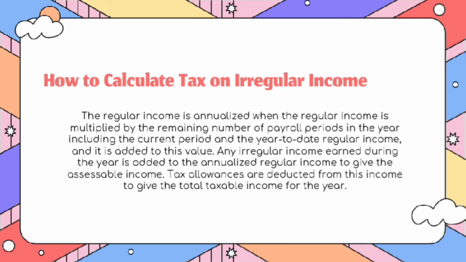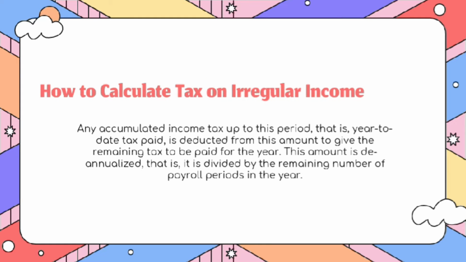Any irregular income earned during the year is added to the annualized regular income to give the assessable income. Tax allowances are deducted from this income to give the total taxable income for the year. Any accumulated income tax up to this period, that is, year-to-date tax paid, is deducted from this amount to give the remaining tax to be paid for the year. This amount is deannualized, that is, it is divided by the remaining number of payroll periods in the year.